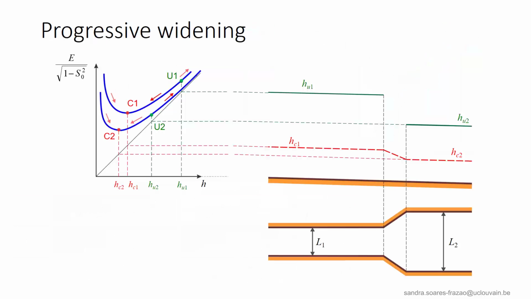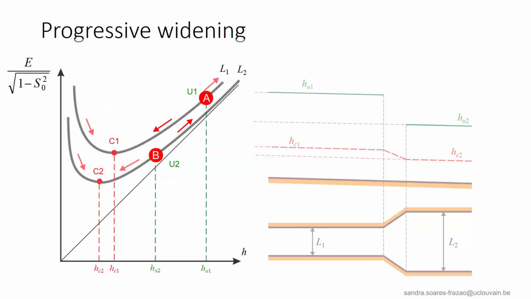A typical situation is illustrated here, and once again, we will conduct the analysis with the help of the specific energy diagram. Our starting point is at point A, corresponding to the uniform flow U1, and we want to arrive at point B, corresponding to the uniform flow U2.